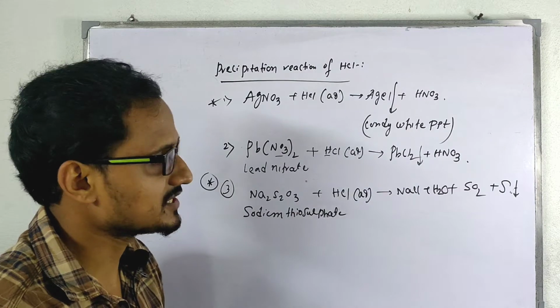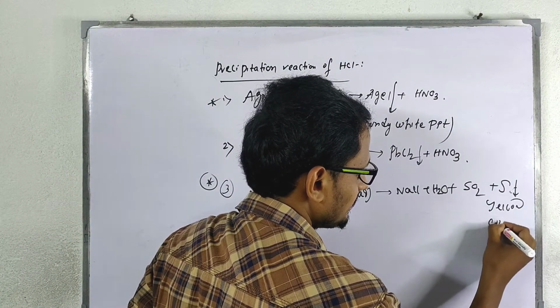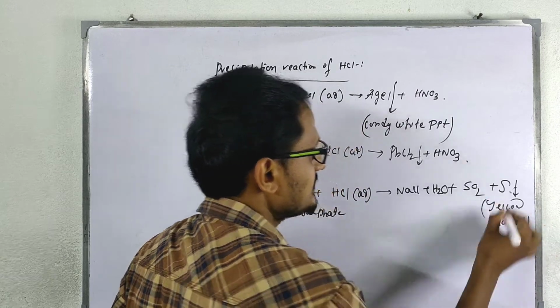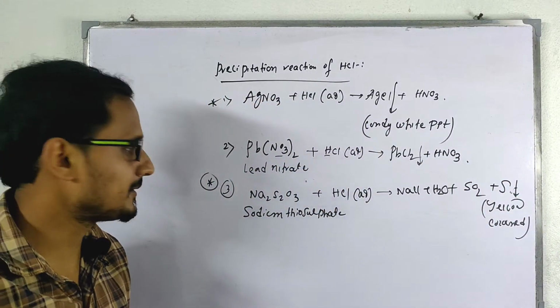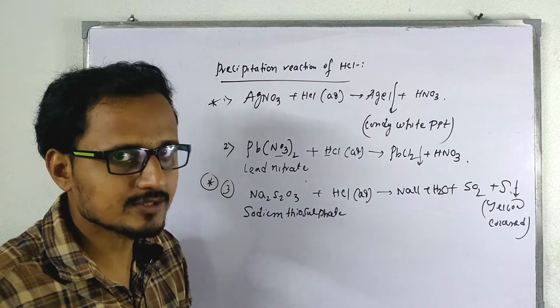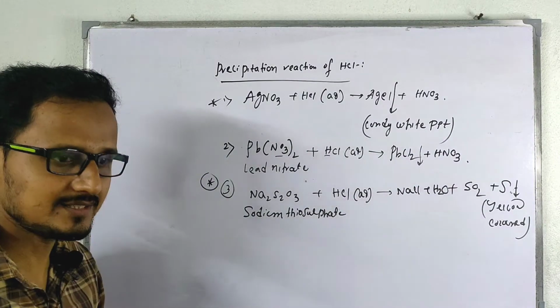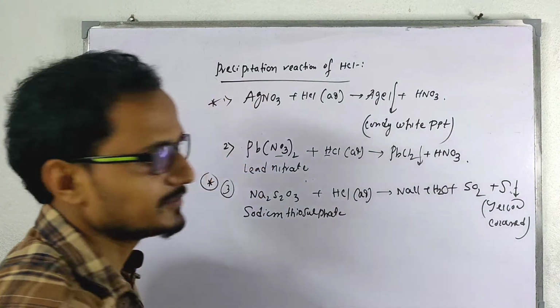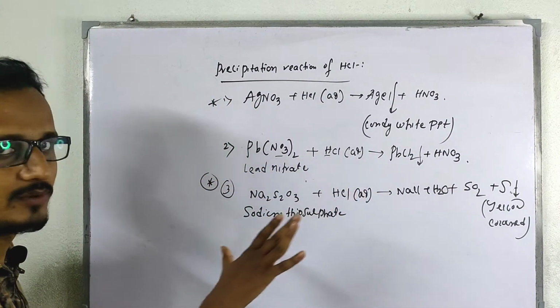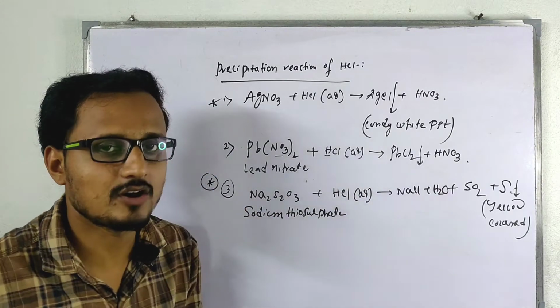Okay, this reaction is very important because this sulfur is yellow in color. This precipitate is a yellow precipitate. You can ask me in the comment box, and you can do the balancing. I am not going through the balancing because it will take time and the video will be longer. Now next we will discuss the other properties of HCl.